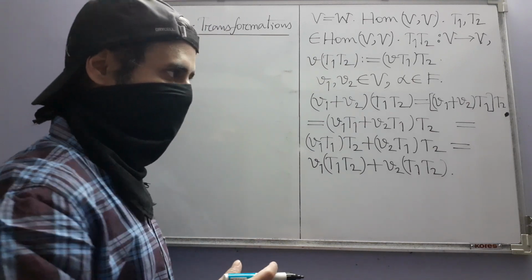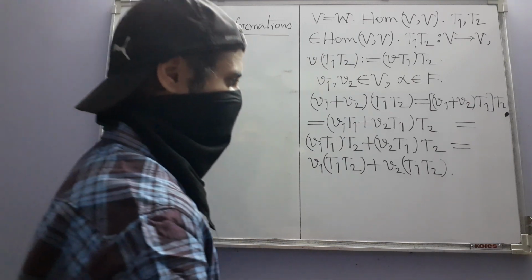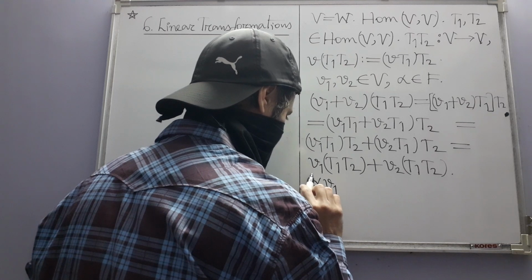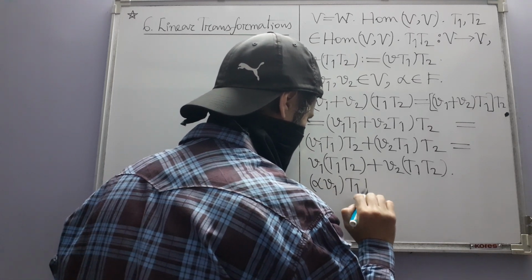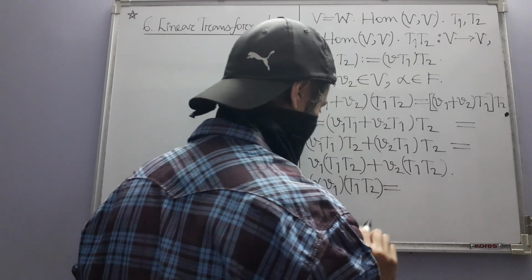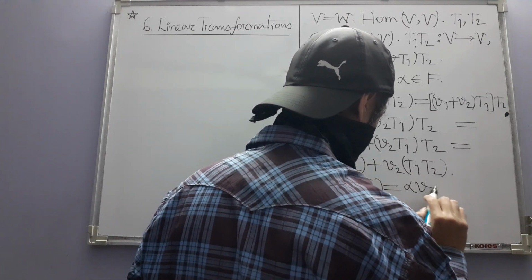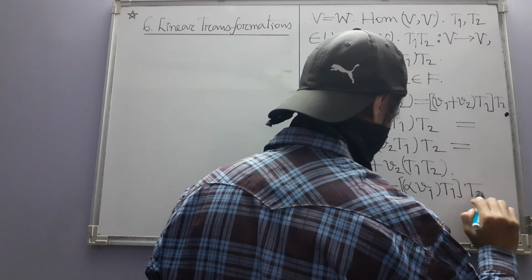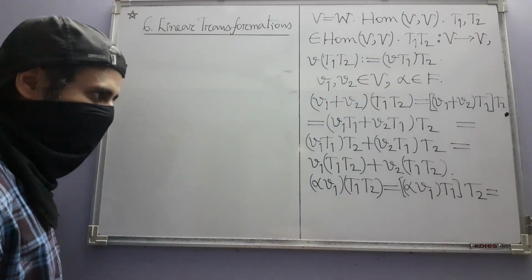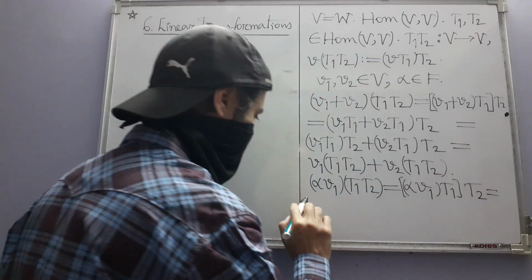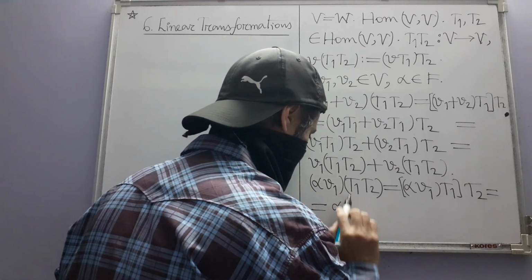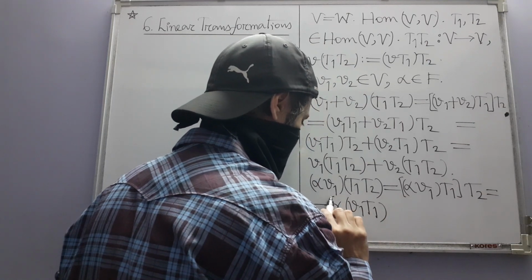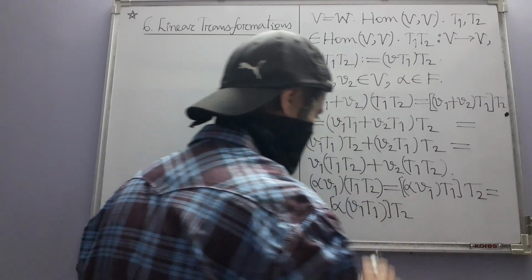Now next we have to show that it respects scalar multiplication. So next let us calculate alpha V1 T1 T2. Again, by definition of this operation, it is alpha V1 T1, and on that we are going to apply T2. Now T1 respects scalar multiplication, so this is equal to alpha times V1 T1, then T2.